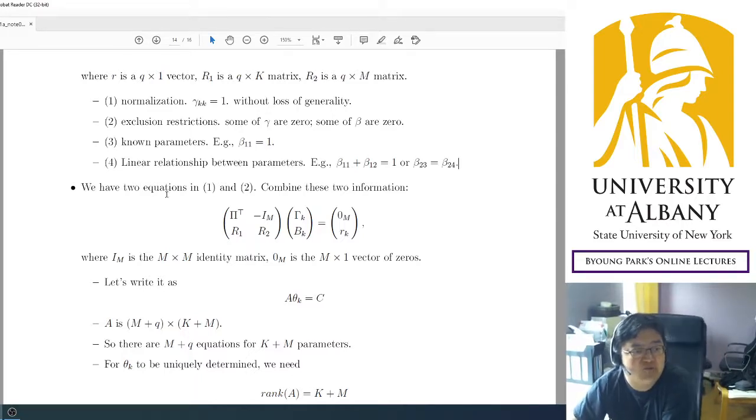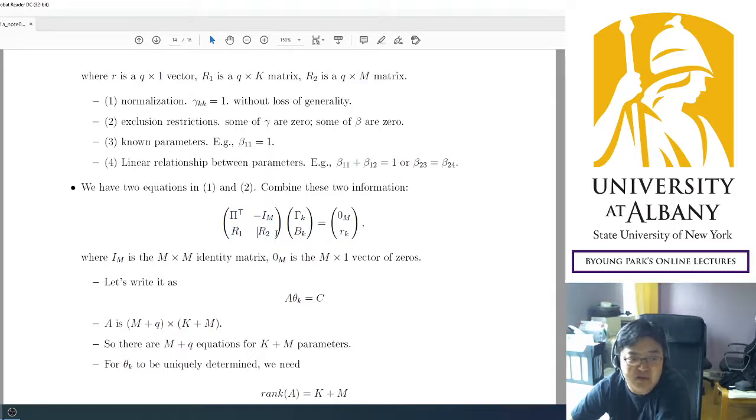So we have two sets of equations: from the restrictions and from the general structural model. Then we have this, and this is only about the kth equation. So we would like to identify this. Its identification depends on the invertibility of this.